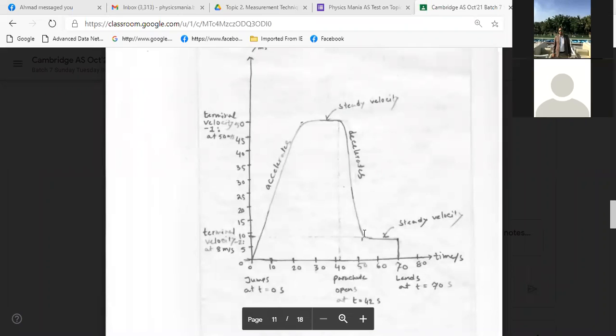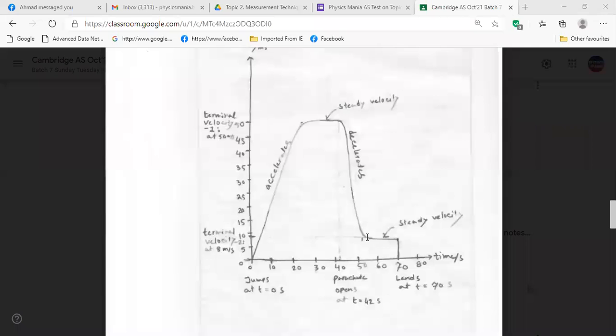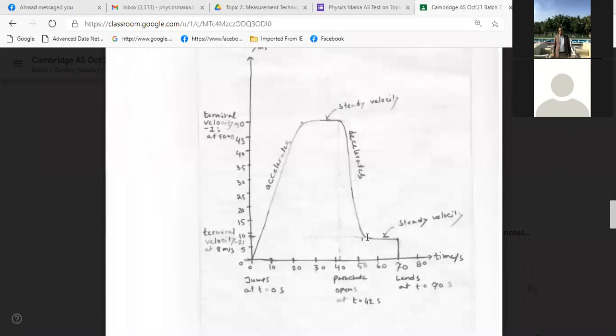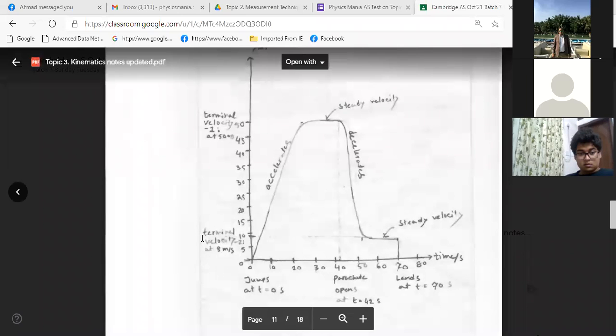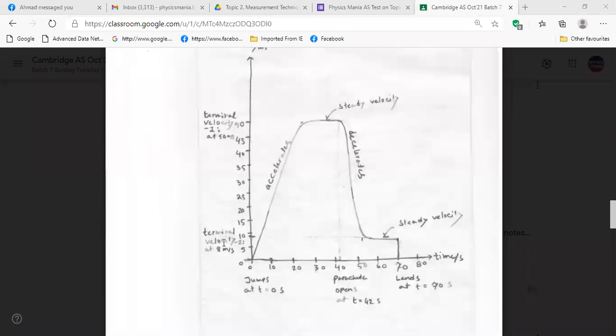So it's coming here, and again we have air resistance too much, and the weight of the parachutist and air resistance are balanced, and we have here steady velocity. Steady means constant velocity, and here we are having terminal velocity 2, that is 8 meters per second.